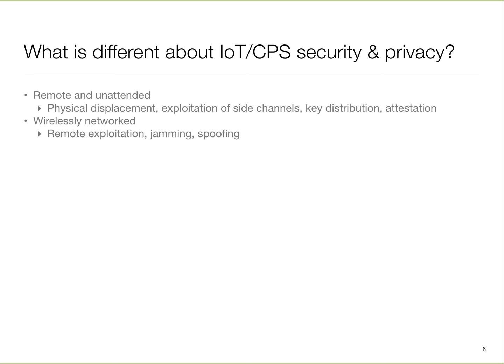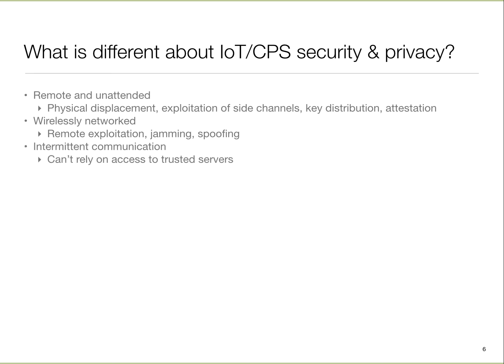Another issue is that these systems are often wirelessly networked. So that means some of the standard remote exploitations are still applicable. Someone sitting in a different country being able to penetrate is equally valid for these systems. But in addition, you can jam and spoof much more easily than on a wired network or a well-maintained network.